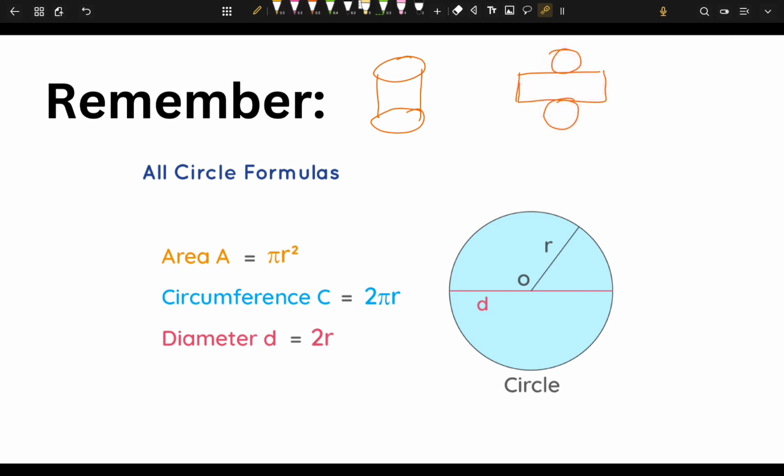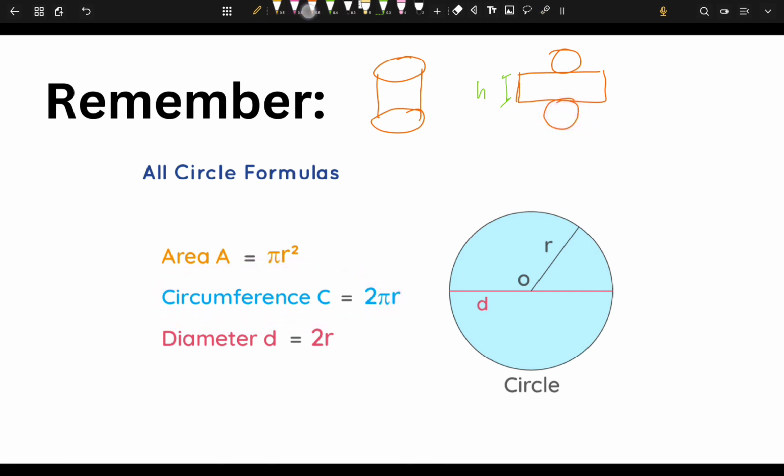Dito po, sa ating cylinder, yung ating portion na to, ayan, yung sukat dyan, ito po kasi automatically is yung ating height. Tapos, etong part po na to, sa rectangle natin na shape, is yung circumference po natin ng ating circle.